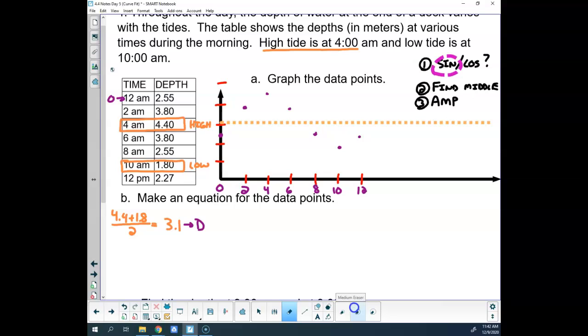Over there, that's on the other side. Okay. So what is my amplitude then? If my middle is 3.1, 1.3? And that's important because that's A. Okay?